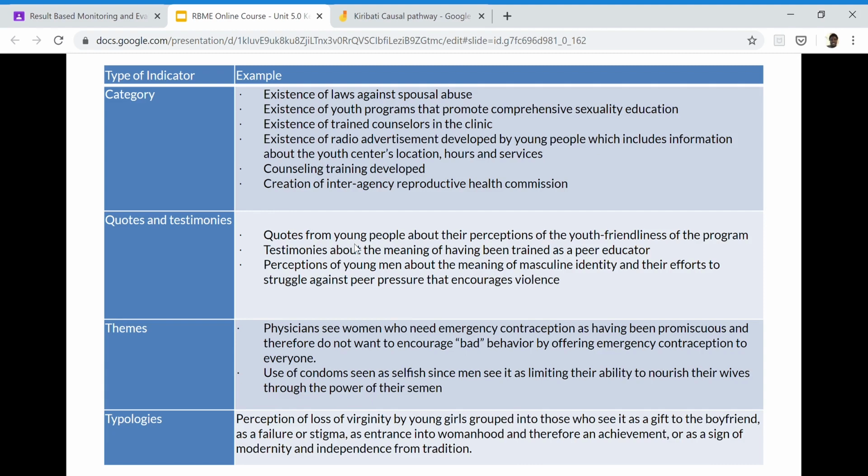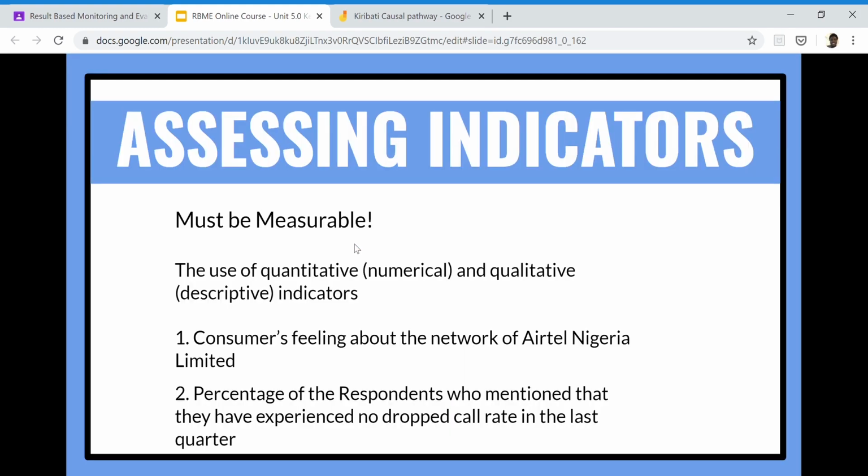There's a whole lot of them here. In categories, you could term it as quotes, you could term it as themes, perception and all that. So these are different examples of indicators.